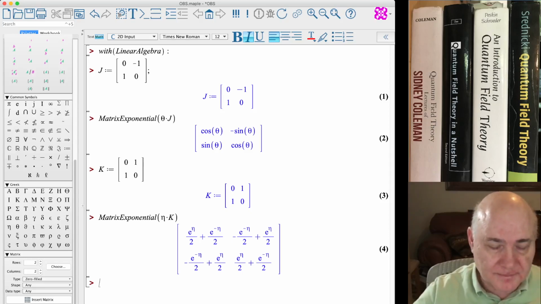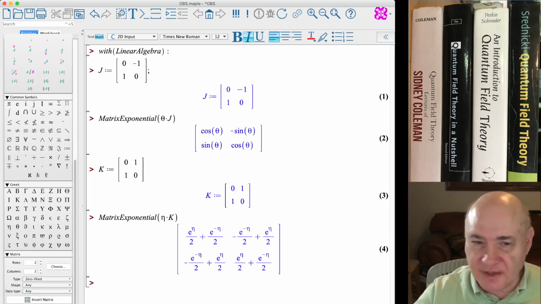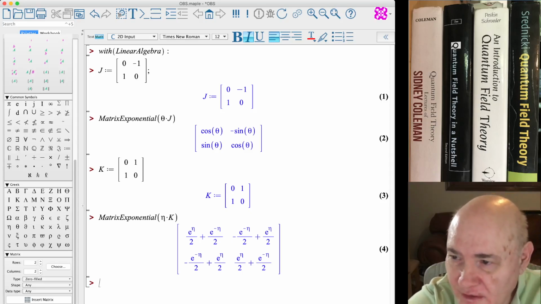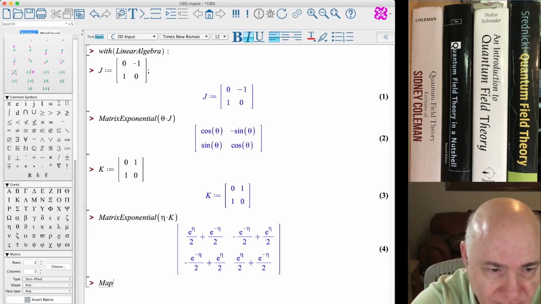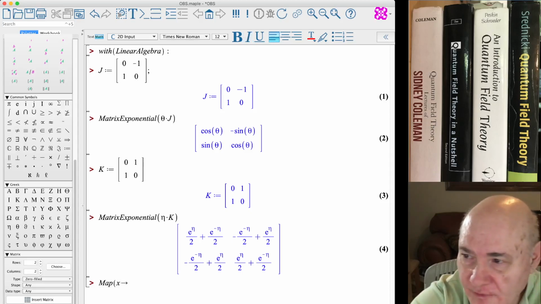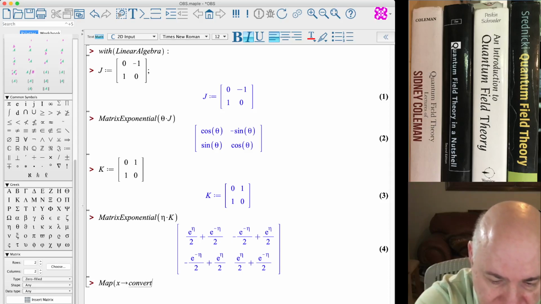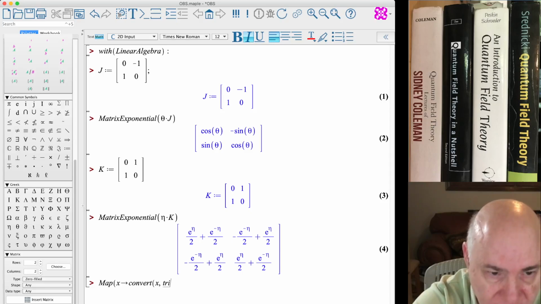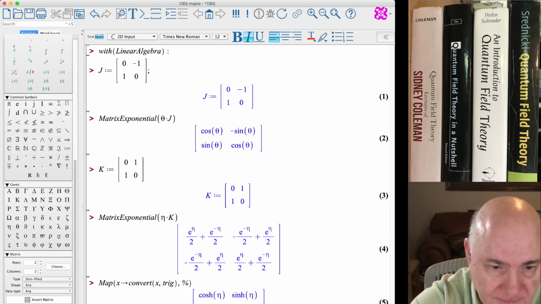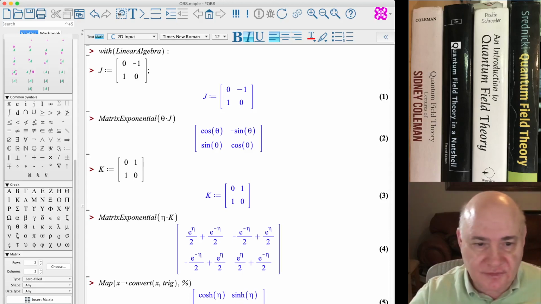And when you use software, oftentimes you have to massage things into what you want. In this case, I want to convert every element of this matrix to a trig, and by trig, it also means hyperbolic trig. Percentage means the last evaluated thing. And okay, so that's exactly what we wanted.